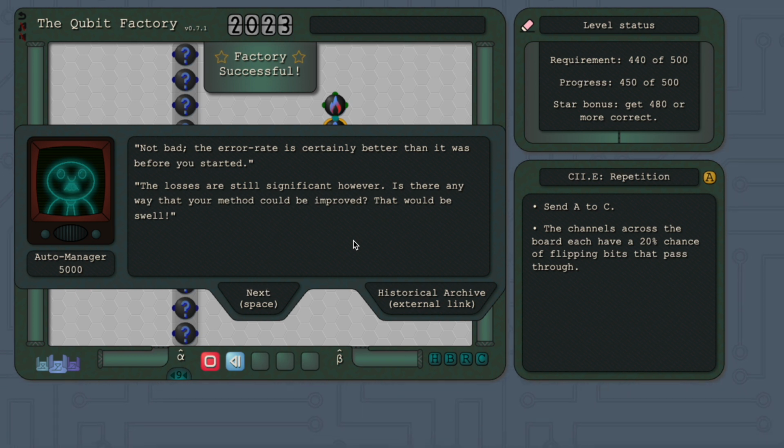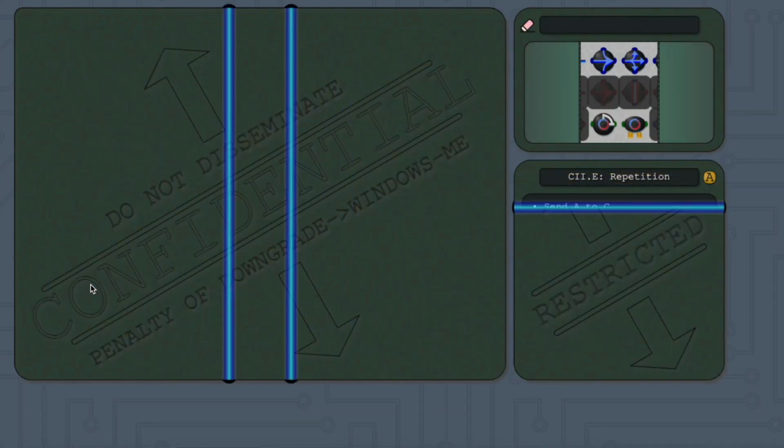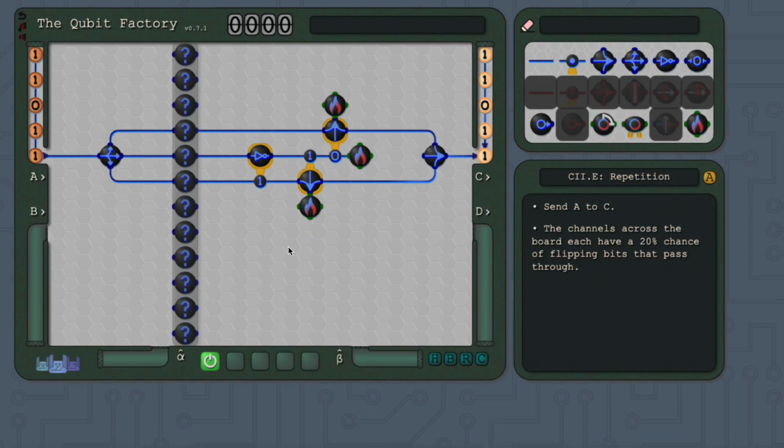You will notice, however, that although we passed the level, we did not reach the bonus criteria, which required 480 correct. So how would we go about solving the bonus level? It's relatively straightforward to generalize our strategy to include more duplicates of the data.